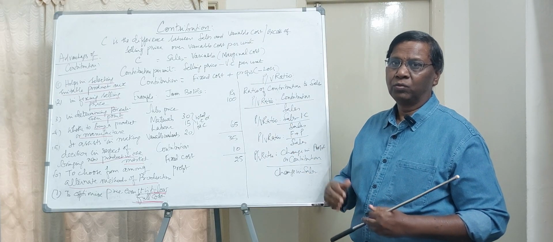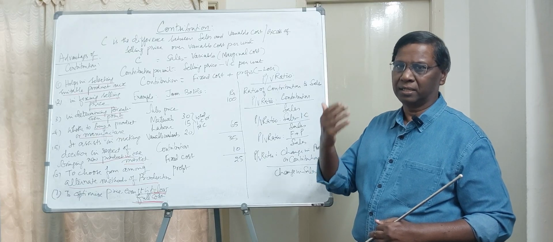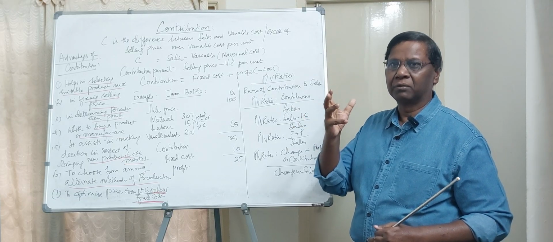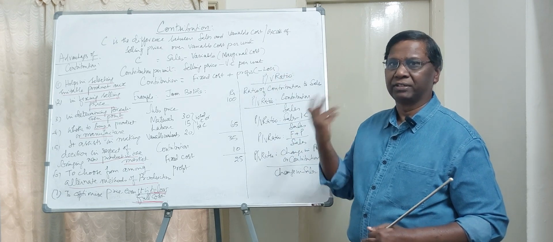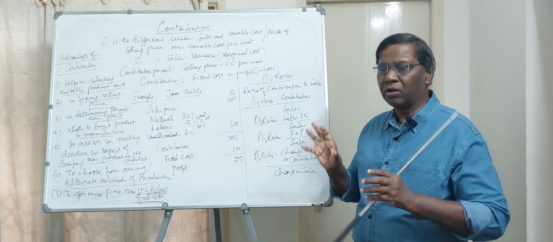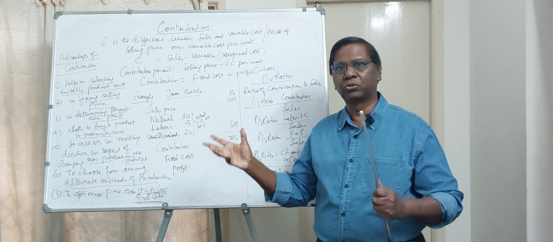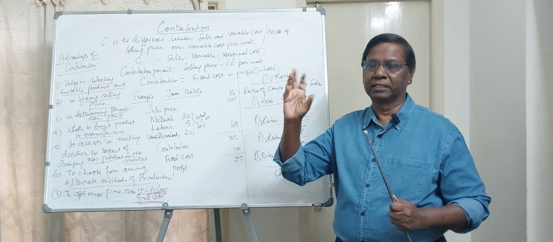While selling the goods, first the variable cost, the cost of production which varies with the production, is to be recovered. So it goes along with it. As already explained in the last session, variable cost goes along with the production. If production is increasing, variable cost will increase.